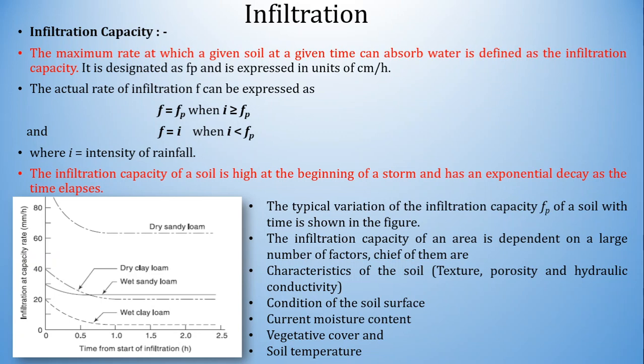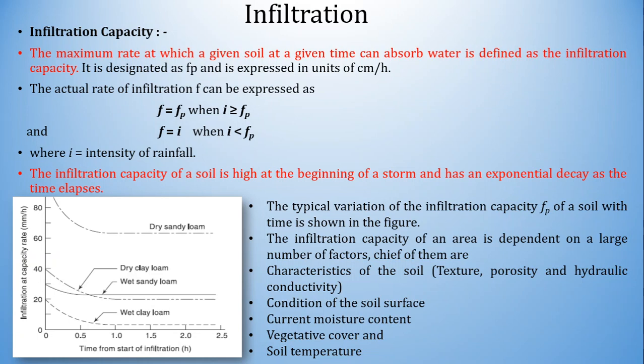Chief of them are four factors: characteristics of the soil like texture, porosity and hydraulic conductivity, condition of the soil surface, current moisture content, vegetation cover and soil moisture. Each and every aspect is important in governing the infiltration capacity.